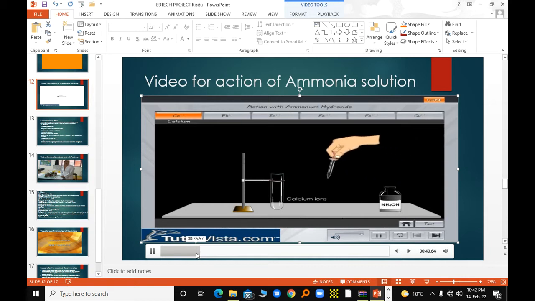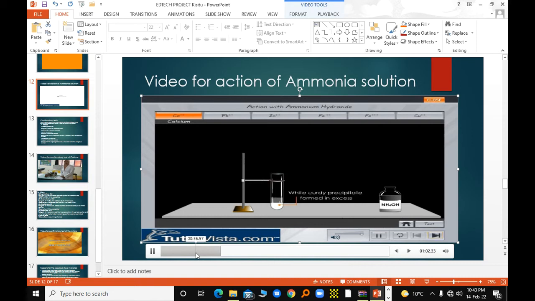You get ammonia solution, they add more. So you see white cloudy precipitate formed in excess.